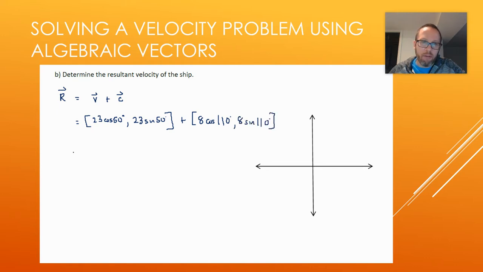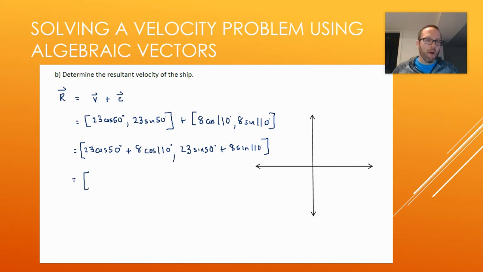And you guys could literally do that in one step on your calculator. I'm going to show this step here, but I don't expect you guys really to need to do this if you want to go right to your answer. So we're going to do 23 cos 50 plus 8 cosine 110 and 23 sine 50 plus 8 sine 110.